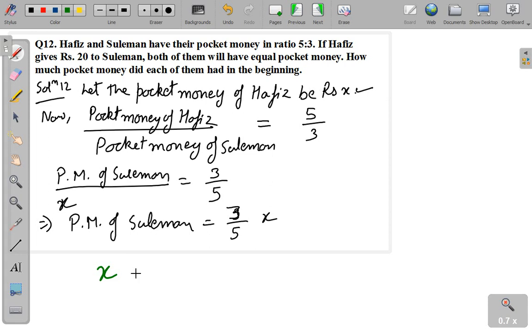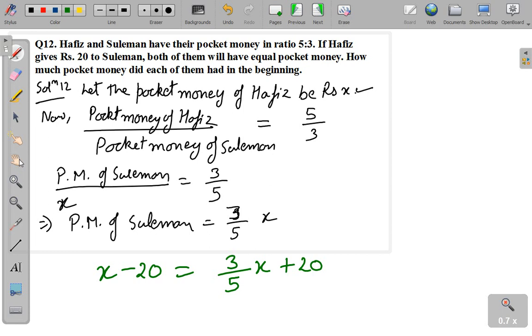If he gives 20 rupees to Suleiman, Hafiz will have x minus 20 rupees. Originally Suleiman had 3/5 of x rupees. If he receives 20 rupees from Hafiz, he will have 3/5x plus 20 rupees.